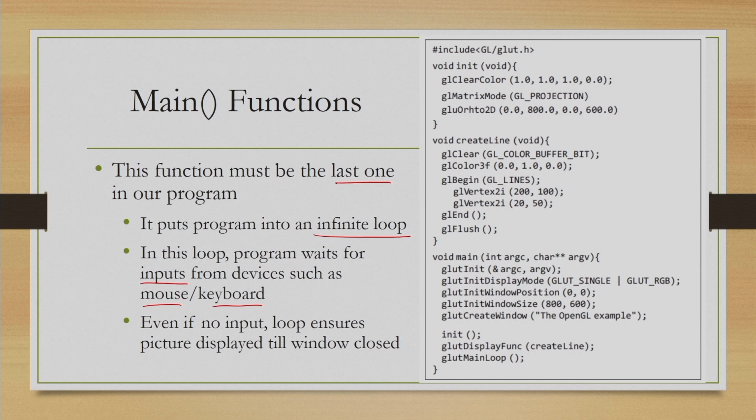Even if there is no input, the loop ensures that the picture is displayed till the window is closed. So, since we want the picture to remain on the screen unless there is some input or the window is closed, we use the loop, and this loop must be the last statement of the code in main after we create the image and put it on the window.